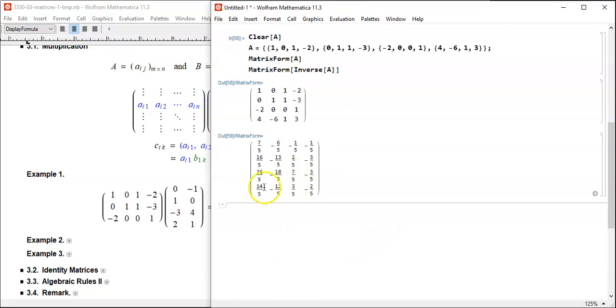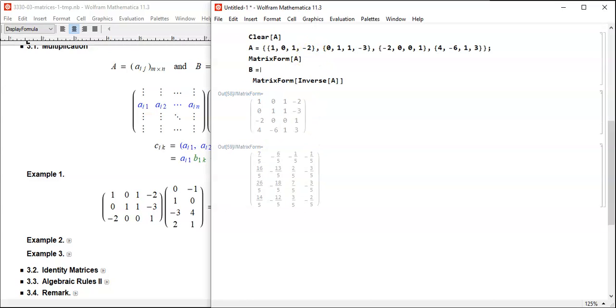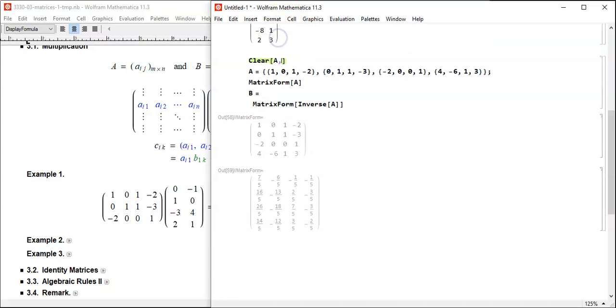And here we go. This is what Mathematica spat out, and this is, as a matter of fact, the inverse matrix. Well, let's see. Let's clear both A and B. And let's name B as the inverse matrix, and then show me B. Okay.